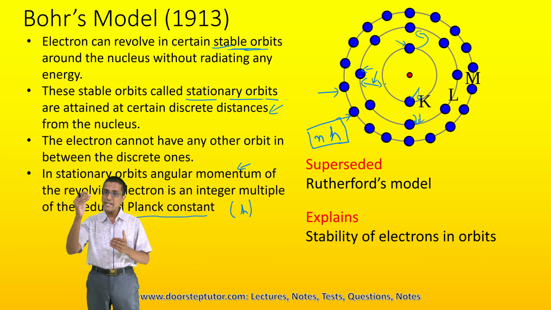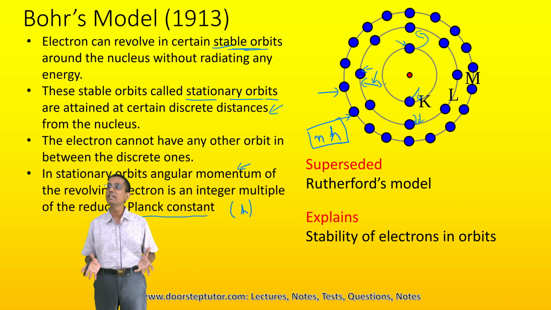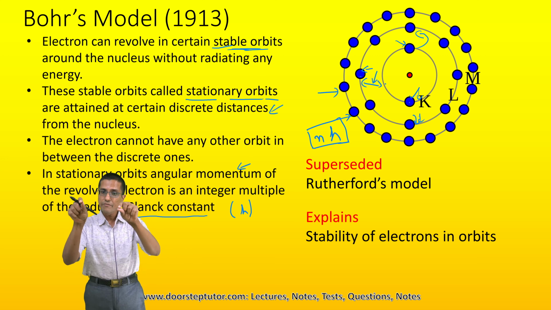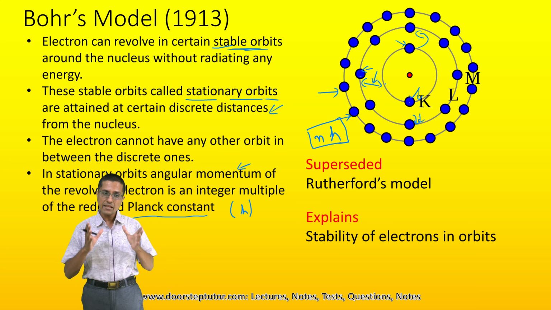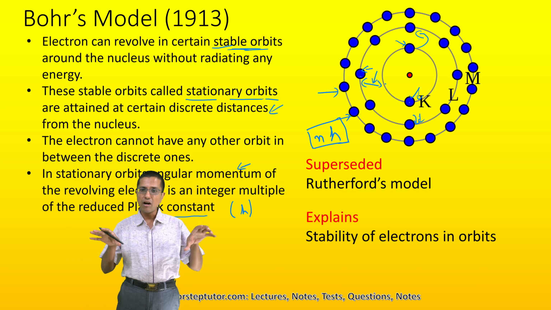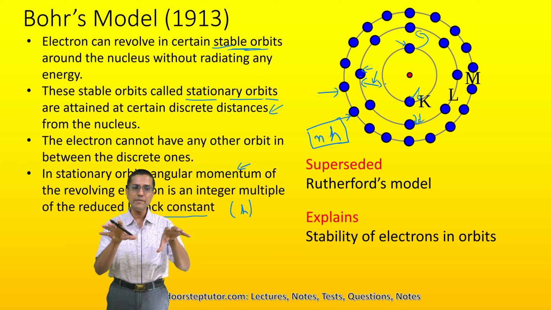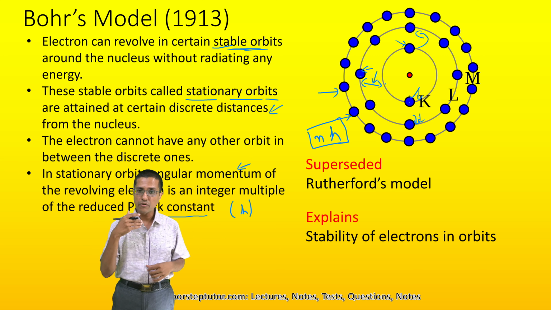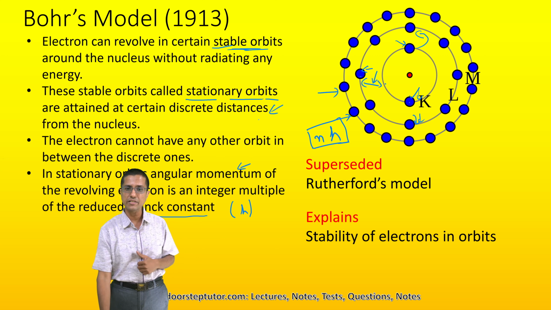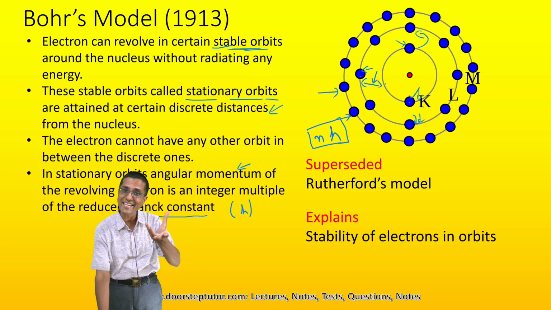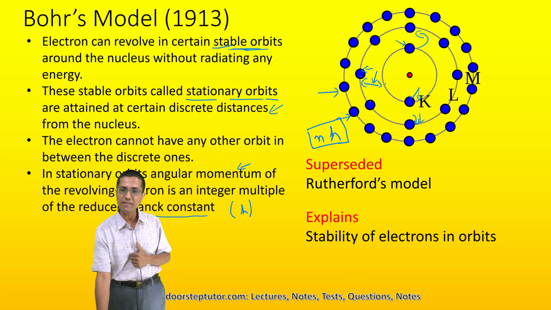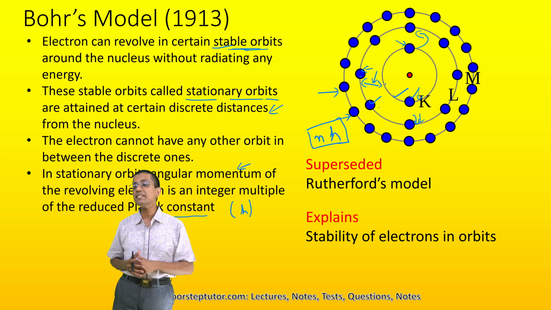But I cannot take it in between because I don't have the ability to provide it energy which would take it in the middle. And that's the basic understanding of Bohr's model, and the basic understanding about the quantization of these orbitals, as to why these orbits are quantized, which means they just cannot take any value, but they can take these fixed values which Bohr described in his model.